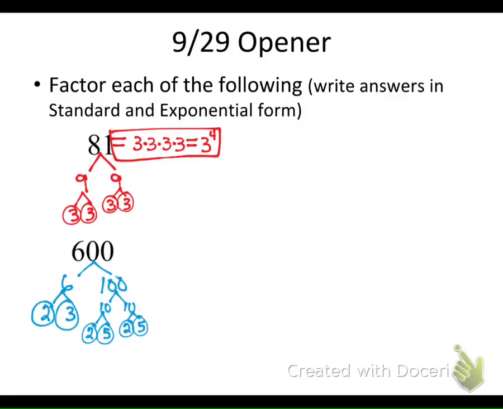So now we're going to come to the right and write this out in standard form, least to greatest. So if I'm writing this out in standard form, least to greatest, what would that look like? What would I write down, Isaiah? 2 times 2 times 2 times 3 times 5 times 5. Okay.